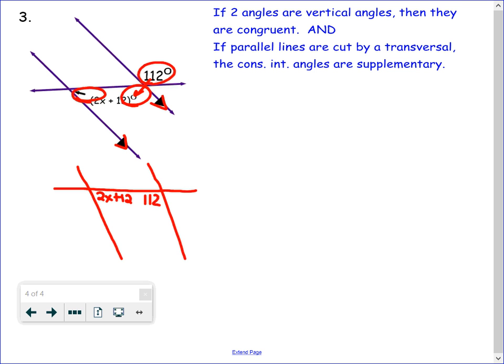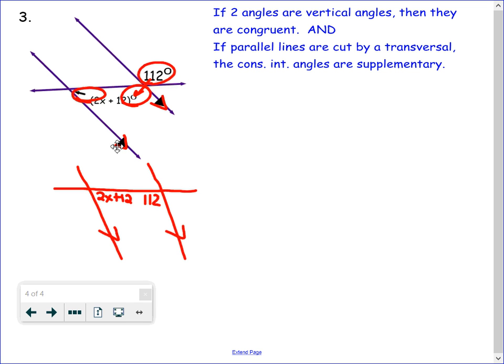The first one is, if two angles are vertical angles, then they are congruent. That's how we moved the 112. Then, because the lines were given as parallel, we moved to the theorem, if parallel lines are cut by a transversal, then the consecutive interior angles are supplementary.